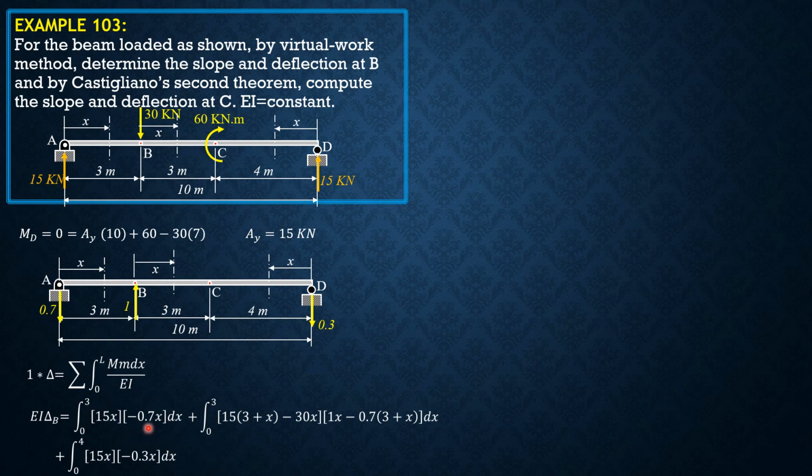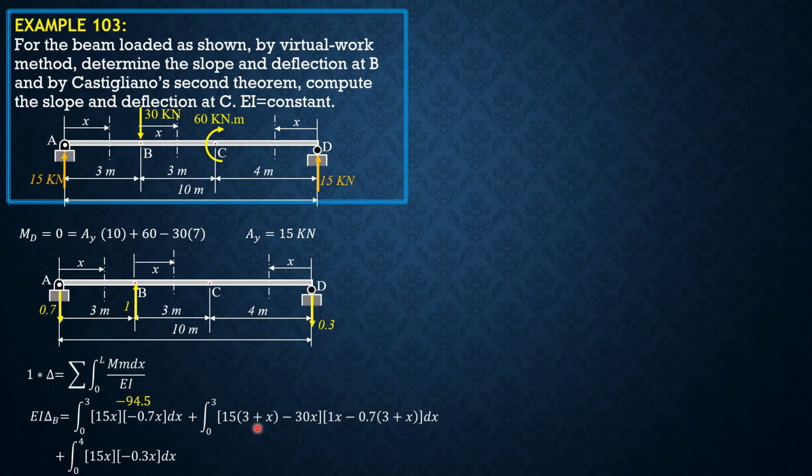So the evaluation of the integral is not shown here, but you may have it in your scratch paper. Because high-tech calculators are not allowed, we have to evaluate this one by one. And the value is negative 94.5.